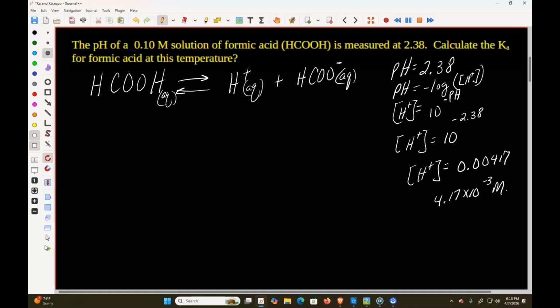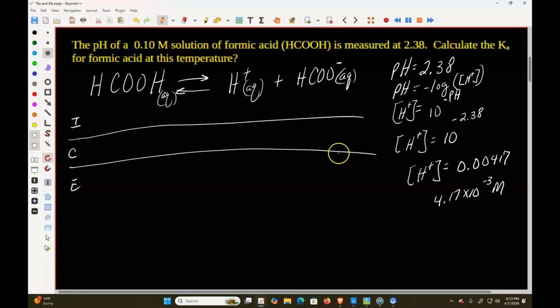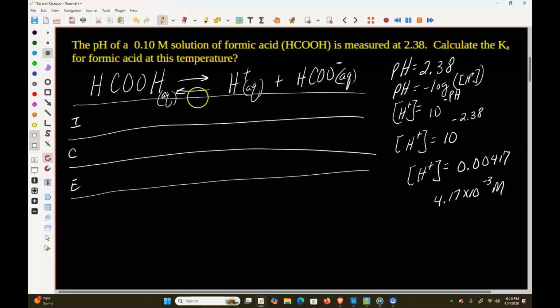Okay, let's do an ICE table based on this. Initially I have a 0.1 molar solution.